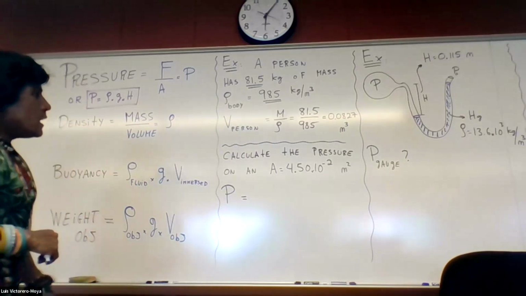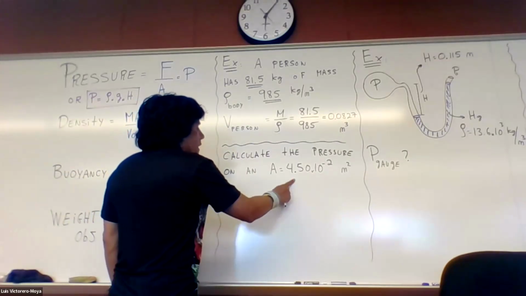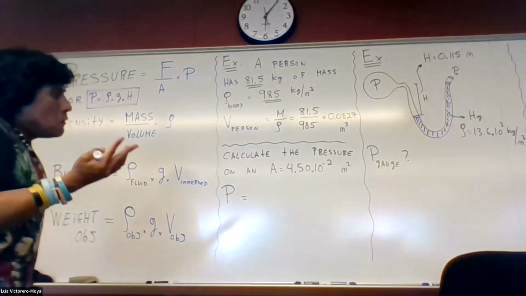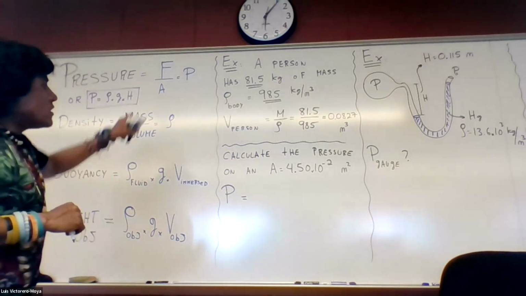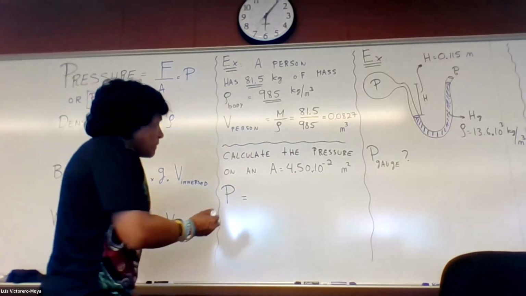And then let's calculate the pressure on an area of this. In this case, we just use the definition of pressure, which is force divided by area. Now, the pressure is due to the weight of the person.